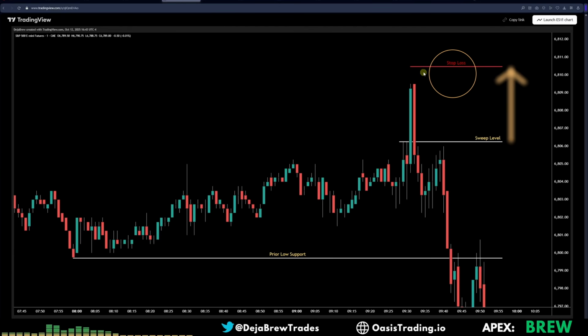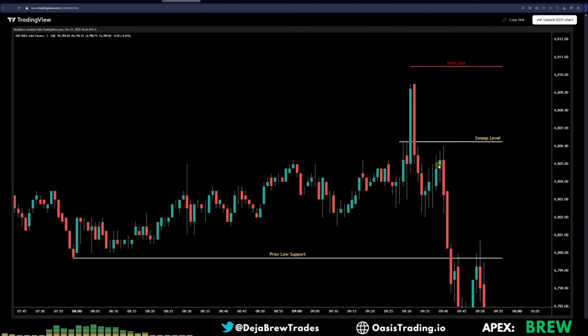Now, how much above it really depends on the market volatility. Are there other levels in that general area? I can't give you guys a set in stone number. It's going to be 3 points or 5 points, I can't really tell you. It's going to be based on the volatility. But you want it to be above that level, just not too far away.